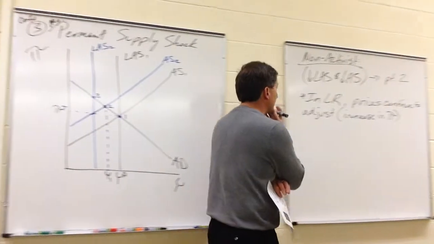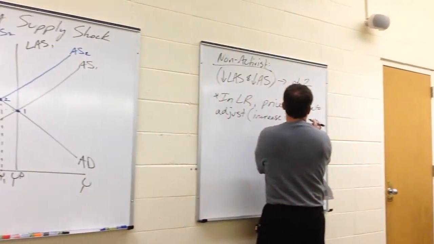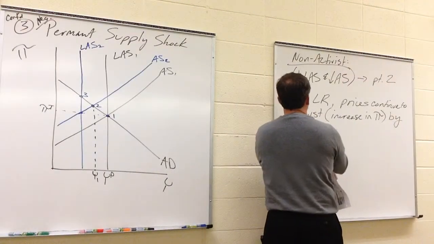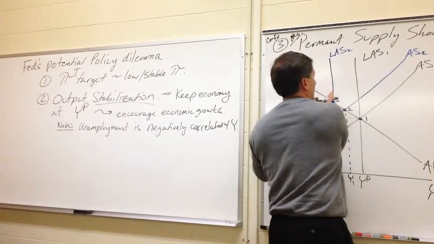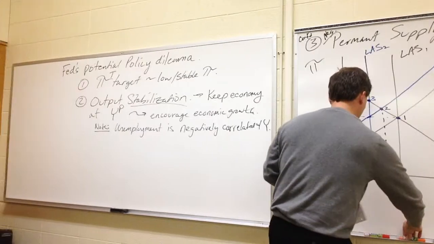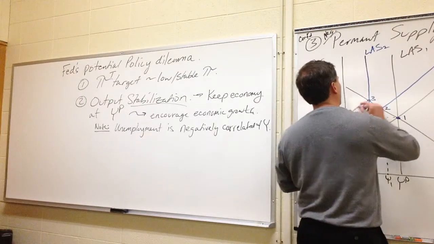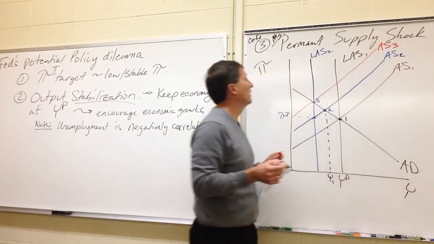So we're going to continue to see inflation by further decreases in aggregate supply, moving us to this point 3, which I'll do with maybe a dash line. Well, maybe I won't even dash it here. So AS3.